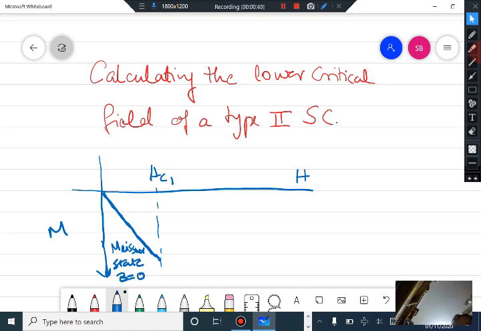However, just above HC1, the vortices start entering into the superconductor and then your magnetization starts to decrease.